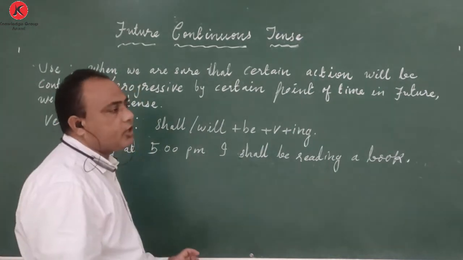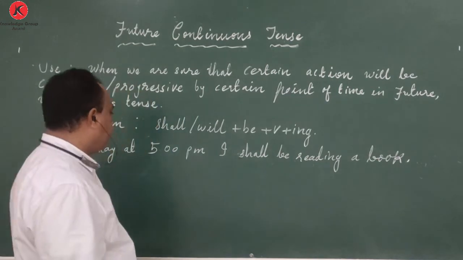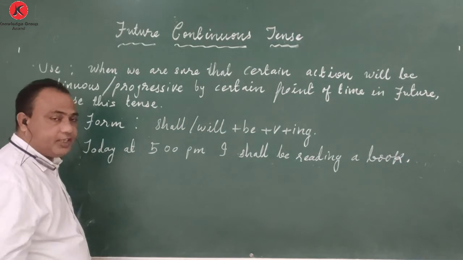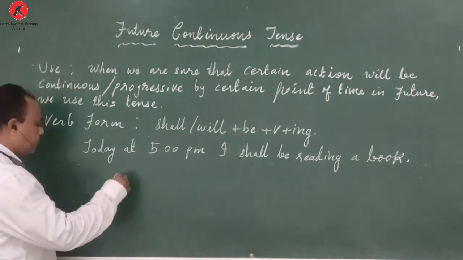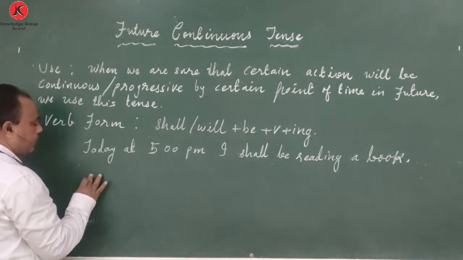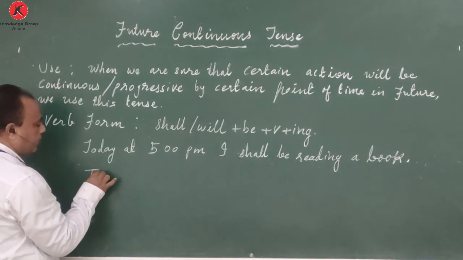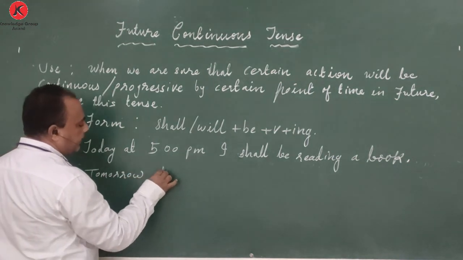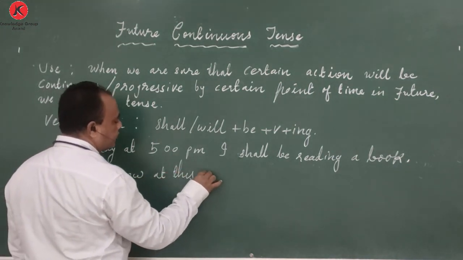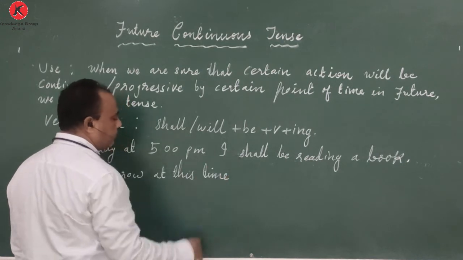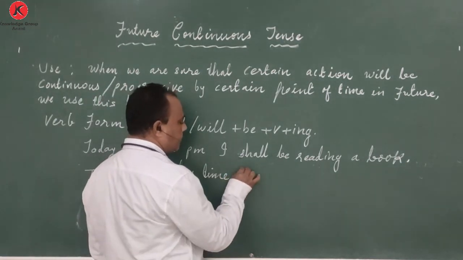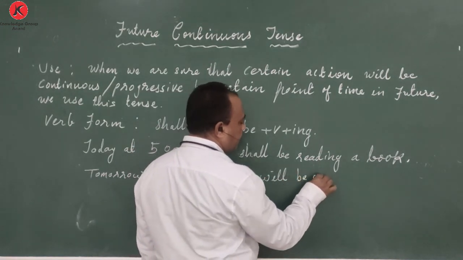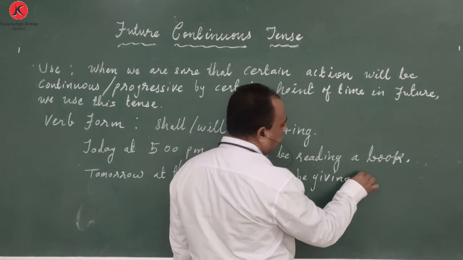If you are pretty sure about someone's routine, I mean someone's activity, then you can frame a sentence for someone also. Tomorrow at this time he will be giving exam.